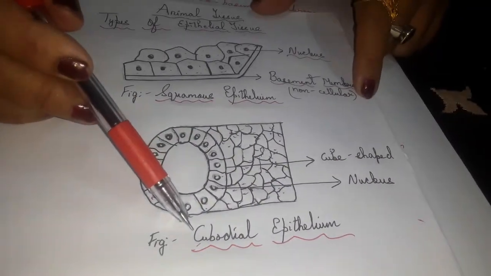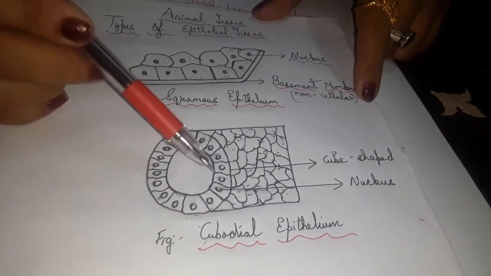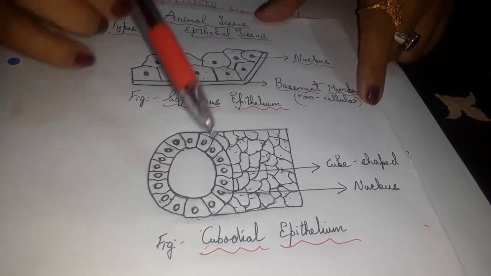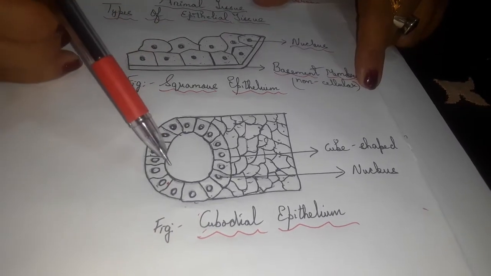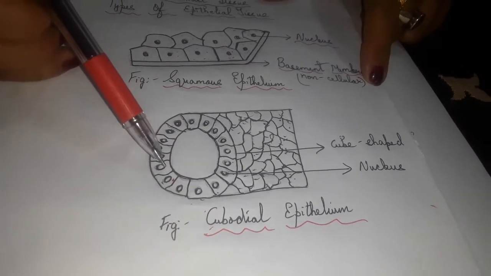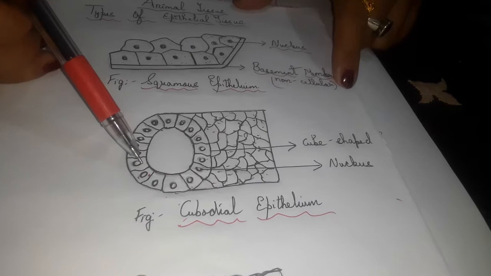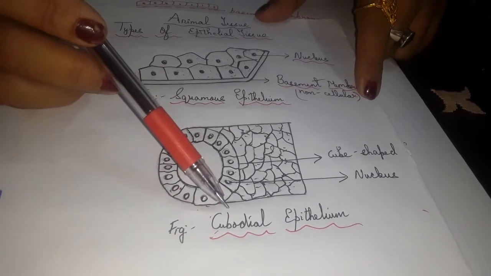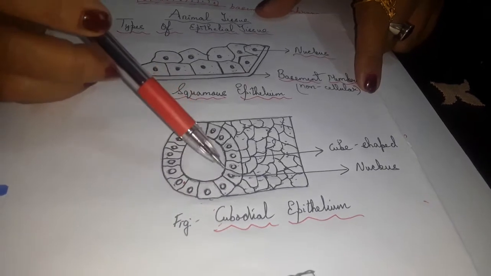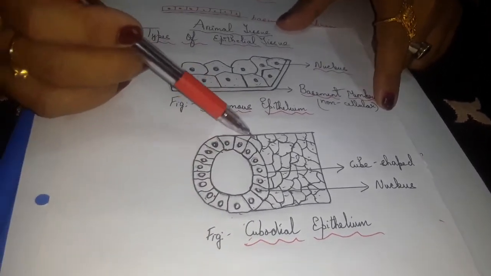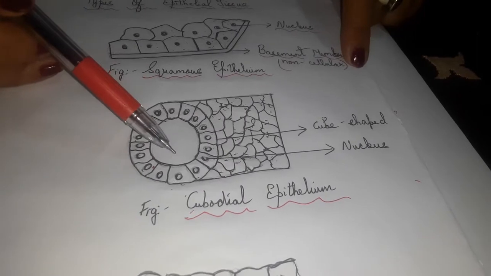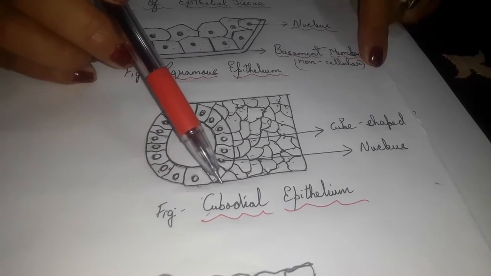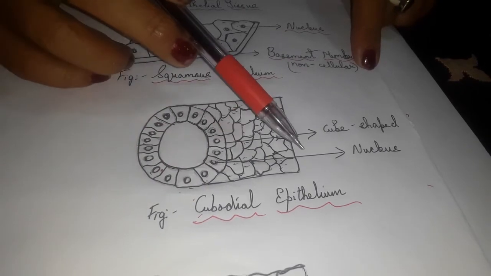Next type is cuboidal epithelium. From the name itself, the cells are cube-shaped with prominent nucleus and little cytoplasm. Where are they found? They are found in the Bowman's capsule of the nephron. I had mentioned cilia earlier; if the cuboidal cells have cilia, then that type of epithelium is called cuboidal ciliated epithelium.